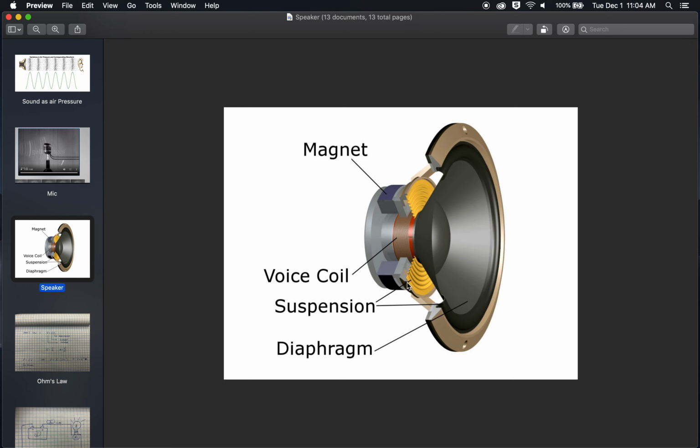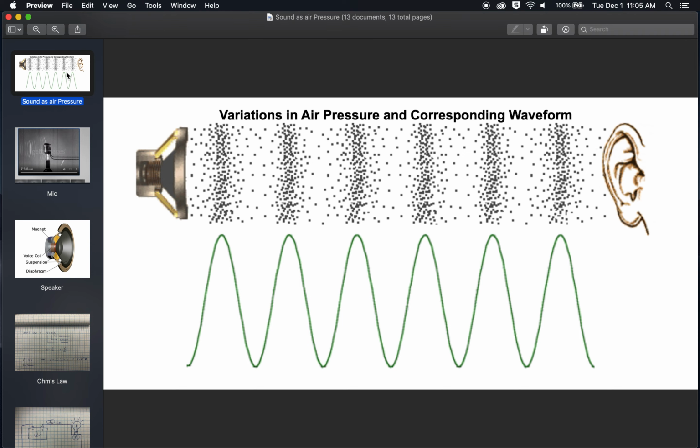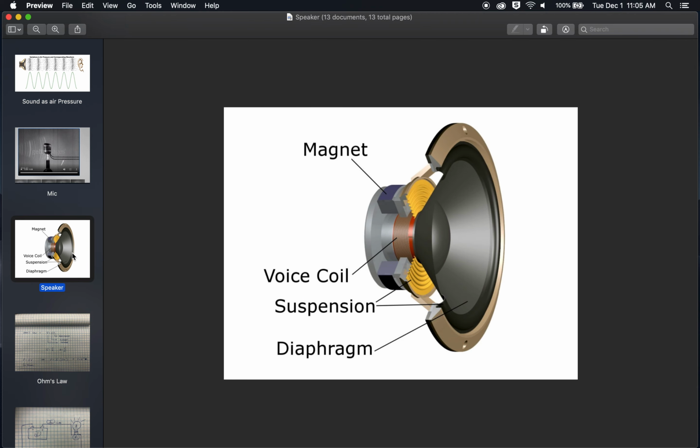And because it is fixed to the speaker cone, it then causes the speaker to move back and forth, proportional to the change in voltage of the audio signal coming through. So it's moving this speaker, which is then producing actual mechanical waves that are pushing air molecules that then hit our ears, repeating this cycle from before, right? So a speaker is really a microphone in reverse.